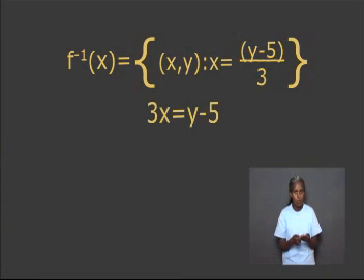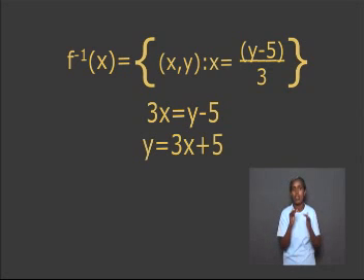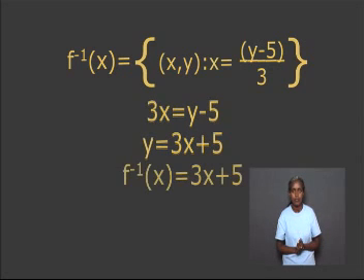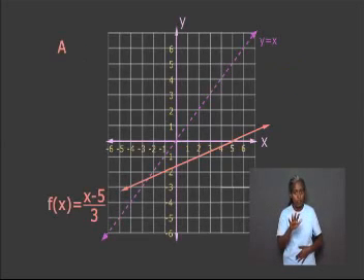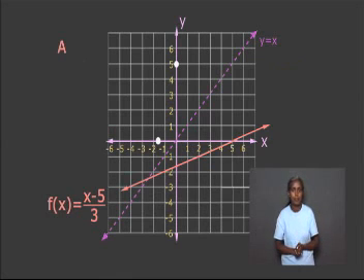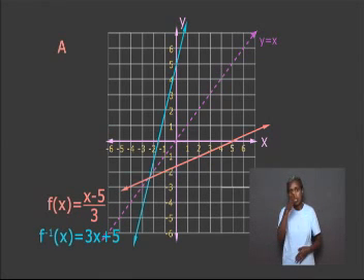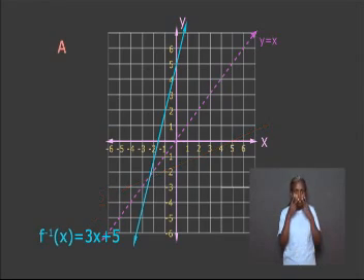Therefore, 3x equals y minus 5, which can be expressed as y equals 3x plus 5. The table of values for the function 3x plus 5 gives us this series of points. Therefore, the graph of the inverse function of A looks like this.